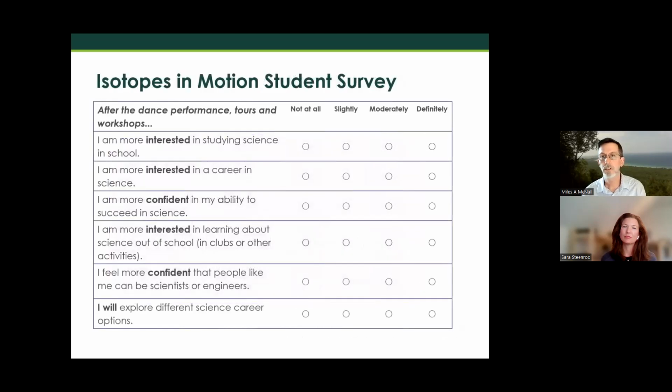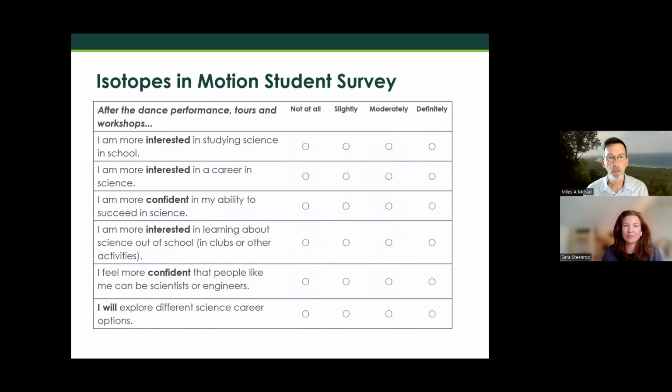And so just as an example of one kind of survey that was fairly easy to put together, I was part of a team that built this survey for the Isotopes in Motion student survey. That was the activity that was supposed to happen as a partnership between EFRIB and a local dance company. It's still going to happen.